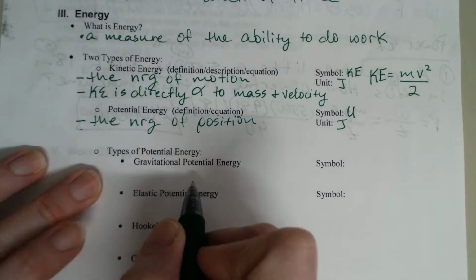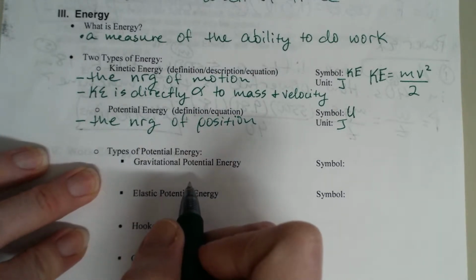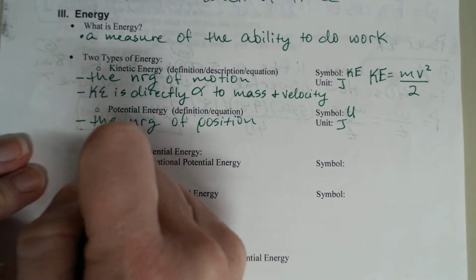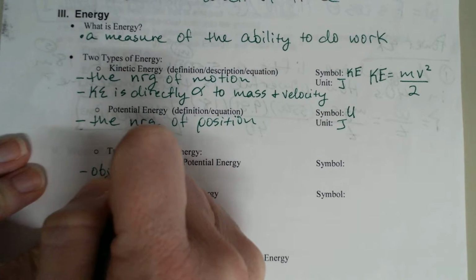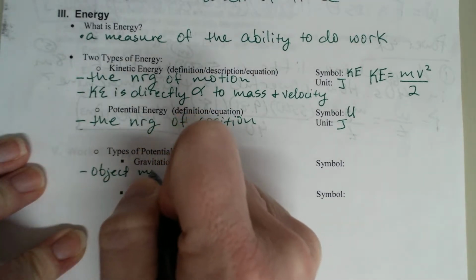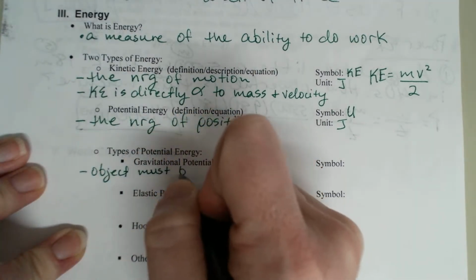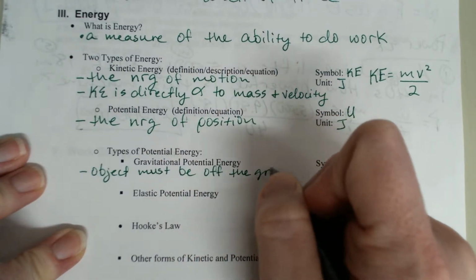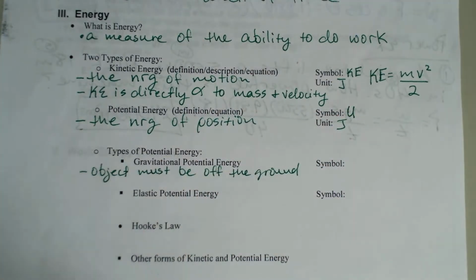So gravitational potential energy, in order for something to have gravitational potential energy, an object must be off the ground. So it can't be sitting on the ground to have gravitational potential energy.